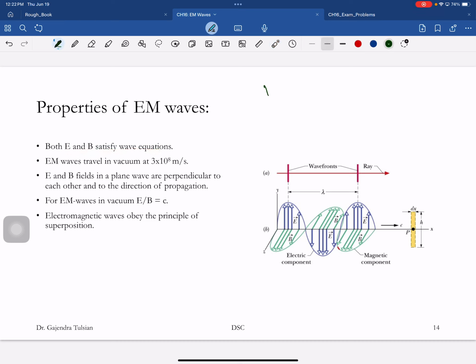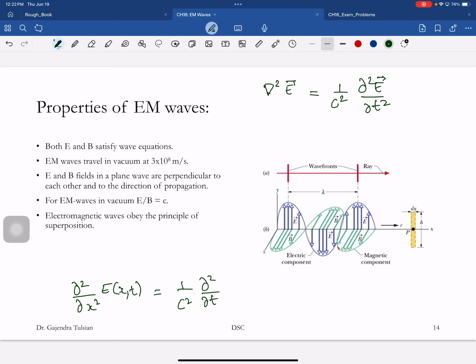Okay, so the wave equation was del square E equal to 1 over C square del square E by del t square. And we consider the simplified form of that for E depending only on X and T.